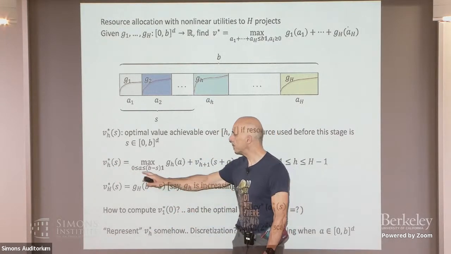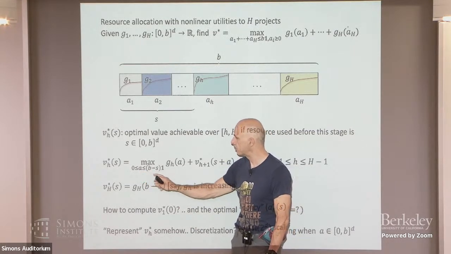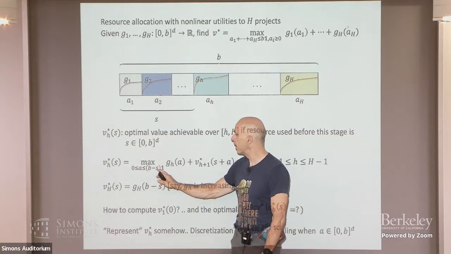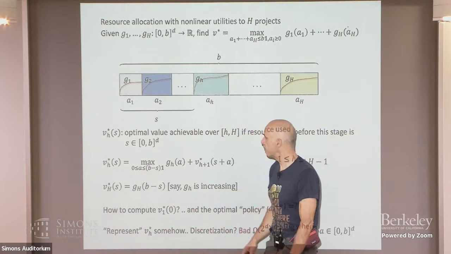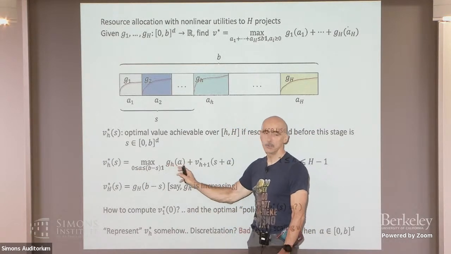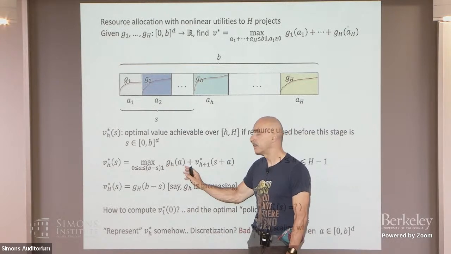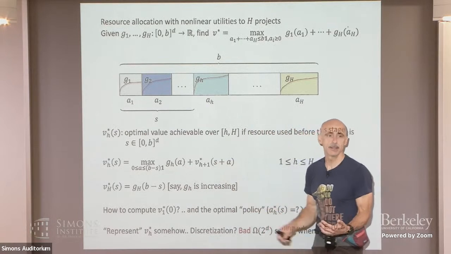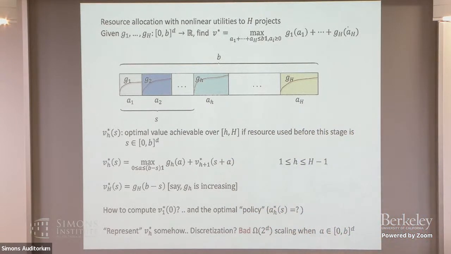Well, I need to make a decision for this stage for the remaining resources. So I have to subtract from the resources I have already spent. And so this is the interval where I can make a decision. For that, I'm going to get a payoff for this project, and I will also consume some resources, and I will end up somewhere else, and I will continue optimally from that point on.